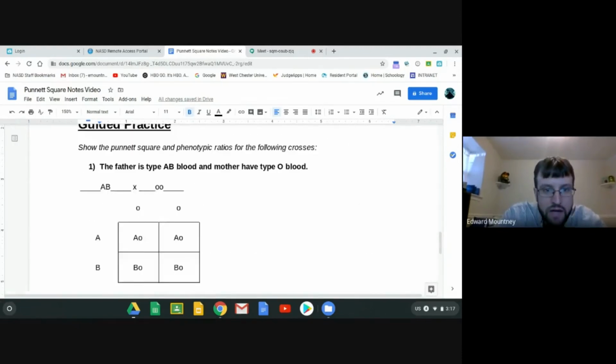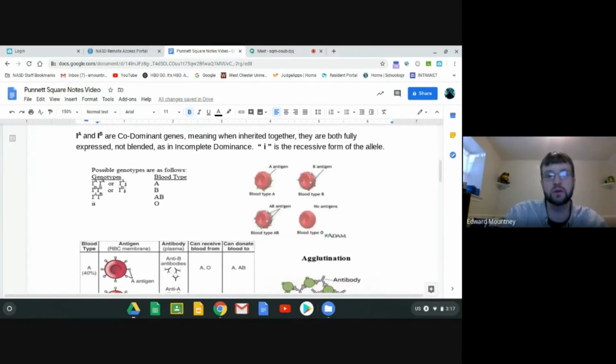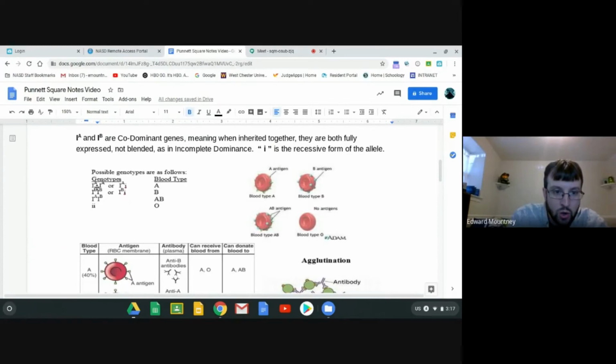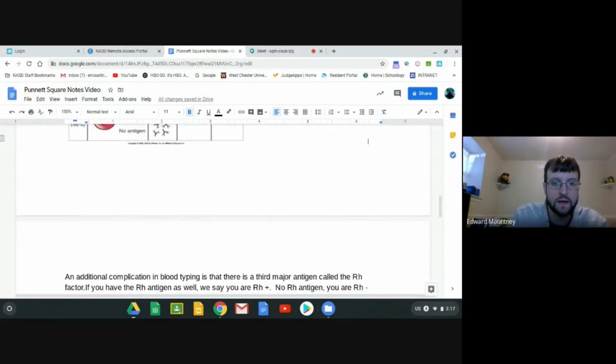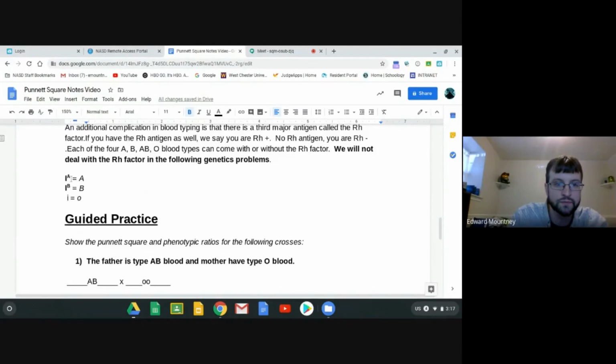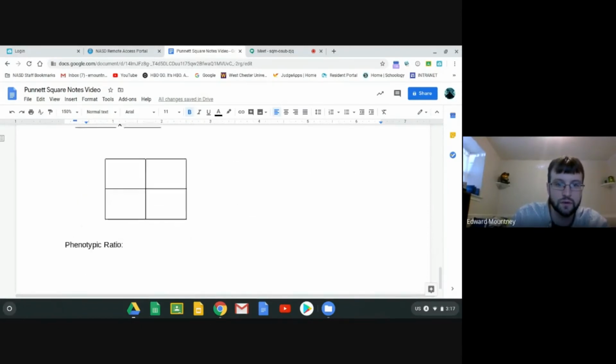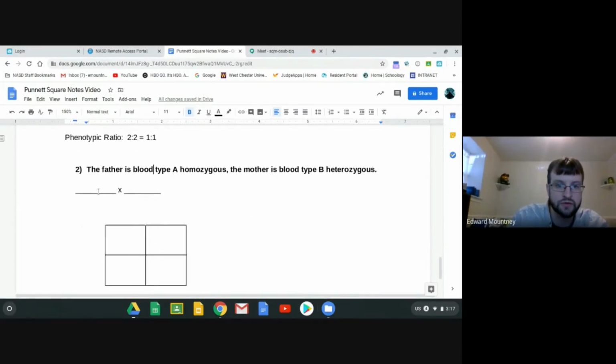So if I have blood type A, going back to my note sheet and looking, okay, which genotype is the same allele? Well, it's not this one. It has to be I^A. So it's two A's. So father is type A homozygous, two A's.